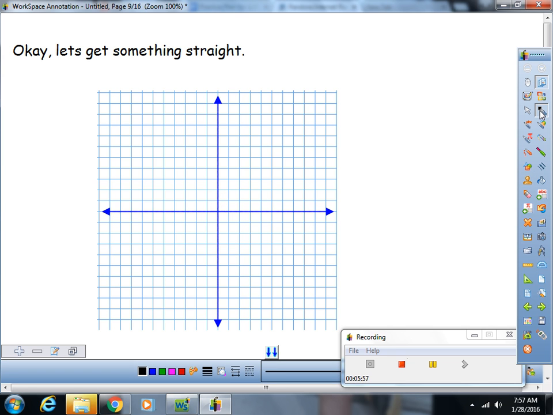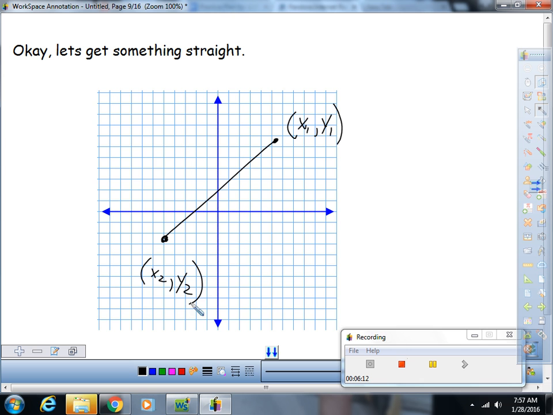So if I have some point here and some point here, and I call this point (x1, y1) and I call this point (x2, y2), what is the length of this pink line right here? Well, let's figure out, what's this point right here? You can figure it out. It's (x2, y1). Excellent, Serby.